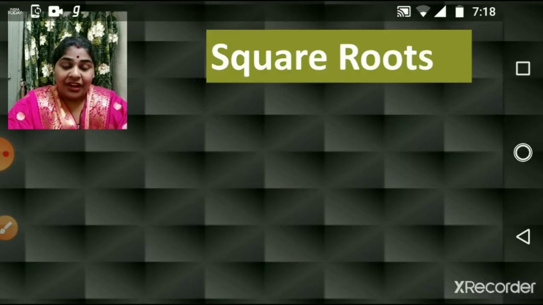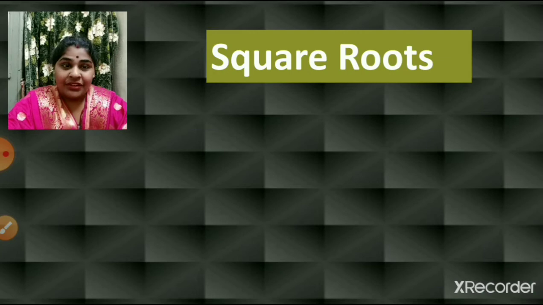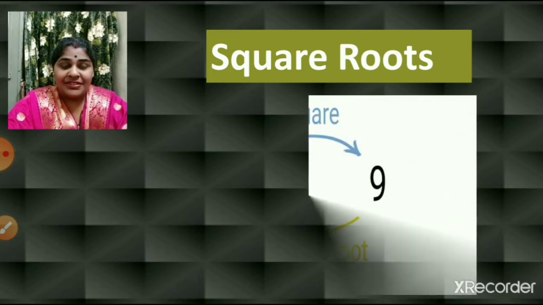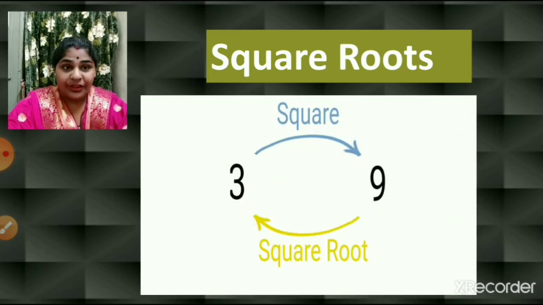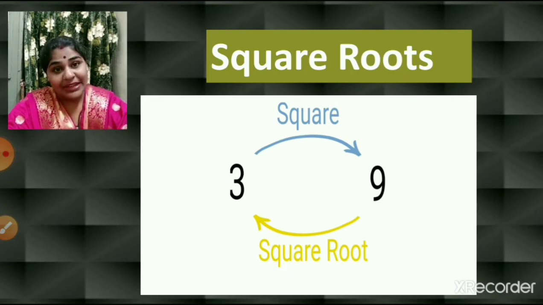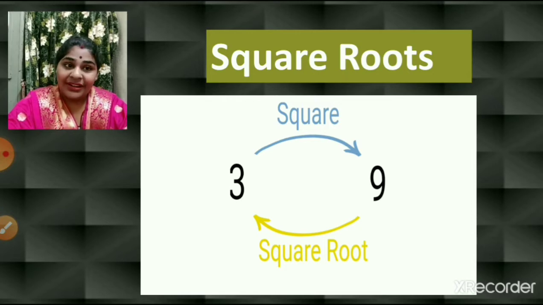So let us start with today's topic, that is square roots. Let me brief you about the square root. If it is 3 square, 3 is multiplied by itself, and 3 square is 9. Opposite to that, we say square root of 9 is 3, right children?